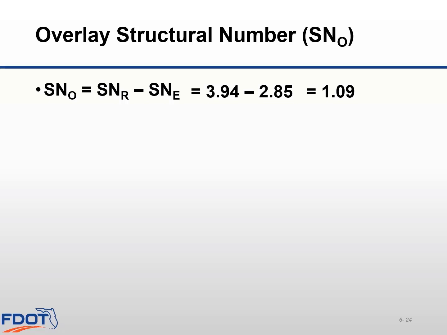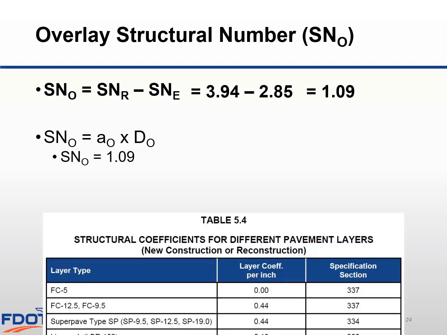Another way of looking at this is to set the overlay structural number equal to a layer coefficient times the layer thickness. We already know what the overlay structural number is. That's the 1.09 that we just calculated. The layer coefficient is straightforward because we can look at table 5.4 and see that regardless of whether we select SP 9.5, 12.5, or 19.0, our layer coefficient will be 0.44 for our new structural asphalt.